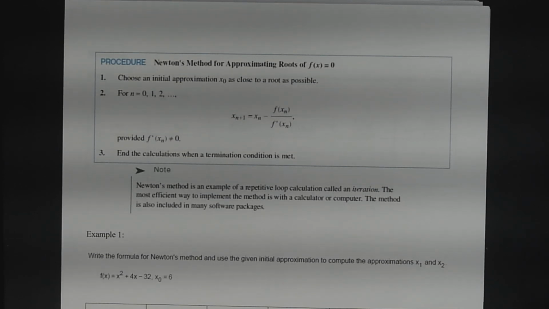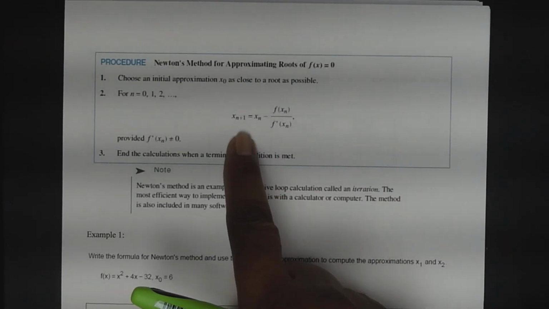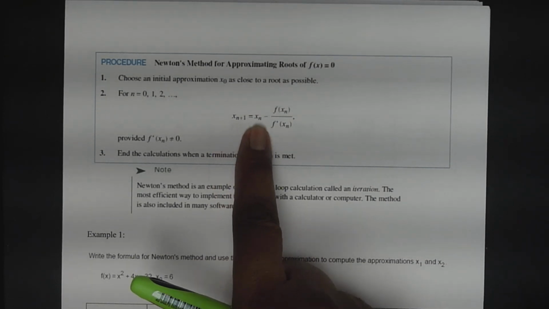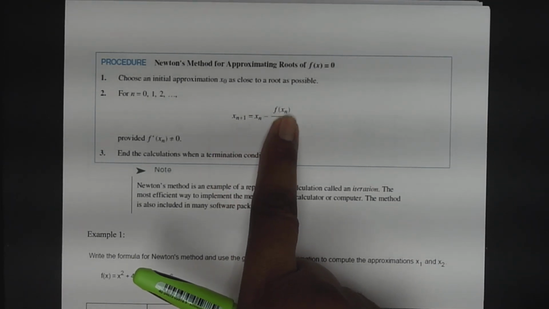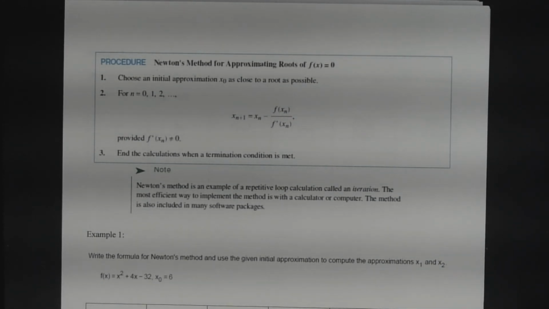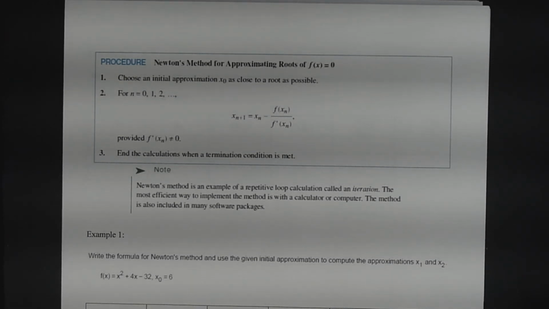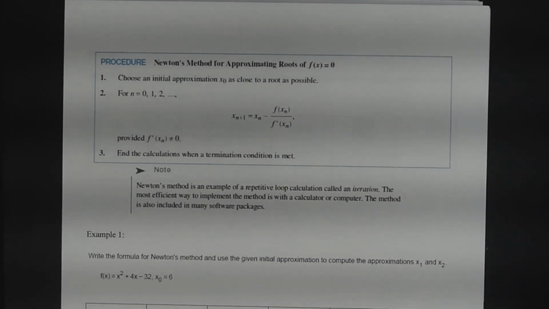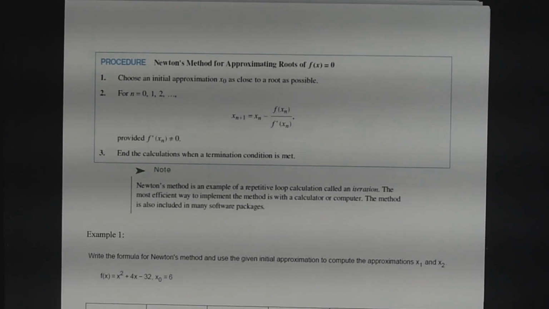And then number 2, for n equal to 0, 1, 2, and so on, this is the formula. x of n plus 1 is equal to x of n minus f of x of n divided by f prime of x of n, with the provision that f prime of x of n is not equal to 0. And then number 3, you end calculations when a termination condition is met, in other words, when your value of x of n plus 1 is the same.